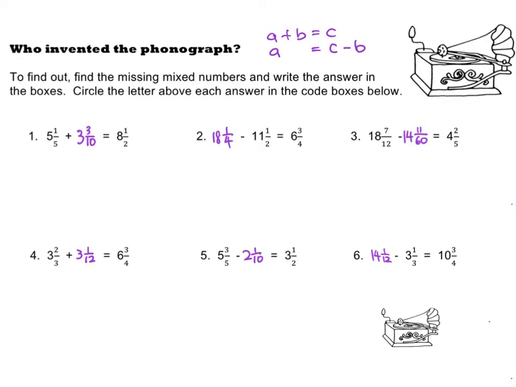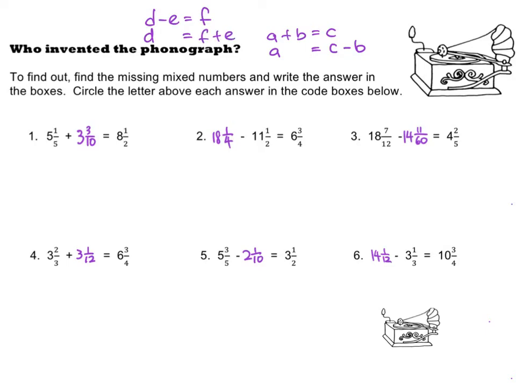The same goes for the other case. If I have D minus E equals F, therefore D equals, I add E to both sides, F plus E.